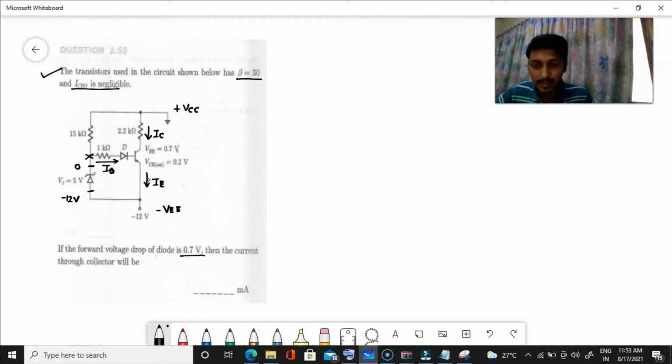And if we look at this diode, P to N, plus minus, at the positive part it is given as 5 volts, and at the negative part it is 0.7 minus 12, which is minus 11.3.